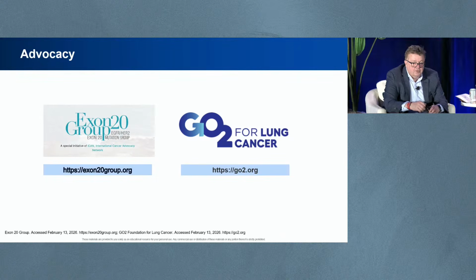There are also more general lung cancer advocacy groups like Go2 for Lung Cancer, which can provide a wide variety of information about lung cancer screening, diagnosis, treatment, and biomarker testing, and the websites are listed below.